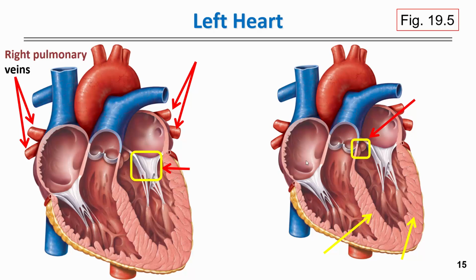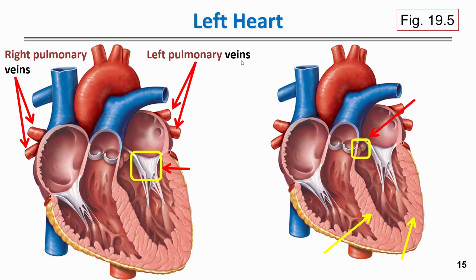What we see here with the left heart, we have blood returning from the lungs back into the left side of the heart through the right pulmonary veins and the left pulmonary veins. Now, this is an important point to note that in the human body, veins transport deoxygenated blood that has relatively less oxygen, with the exception of the pulmonary veins.